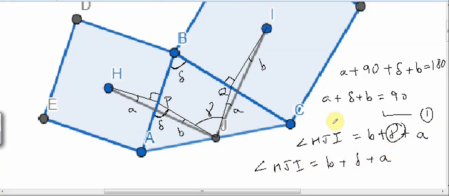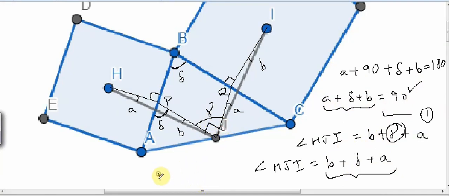But notice that this is nothing but this, which is equal to 90. Therefore angle HJI is 90 degrees.